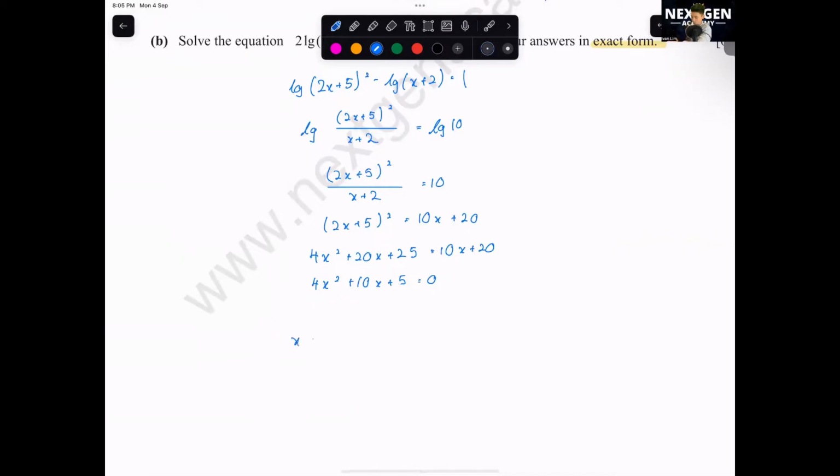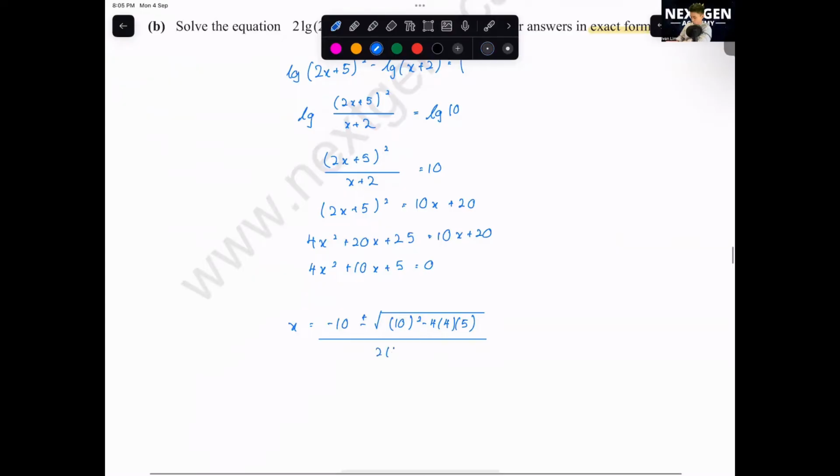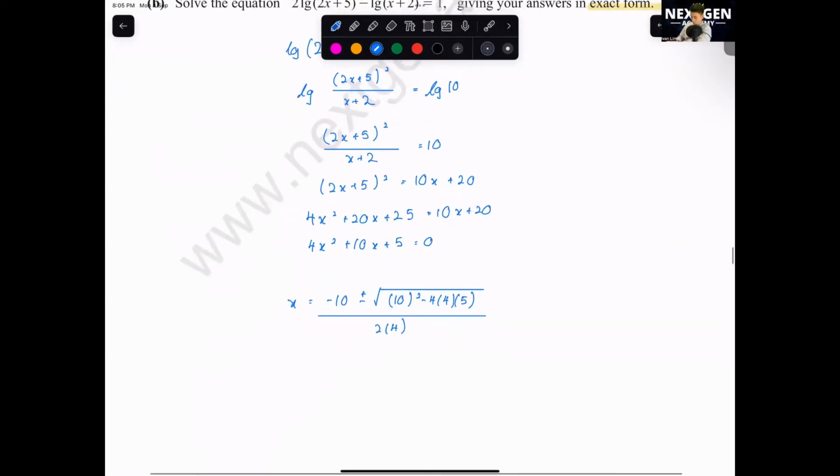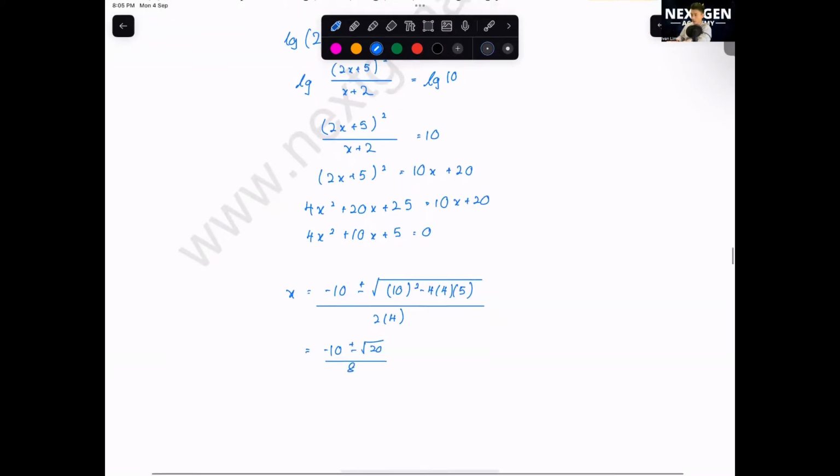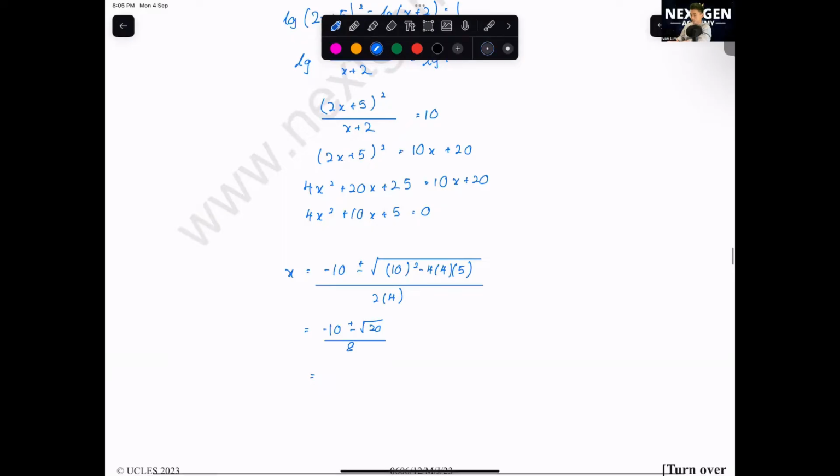Use the quadratic formula for this. Negative b plus minus square root of b squared minus 4ac, over 2a. Okay, 2 times 4. Minus 10 plus minus square root 20 over 8. Go and simplify this.